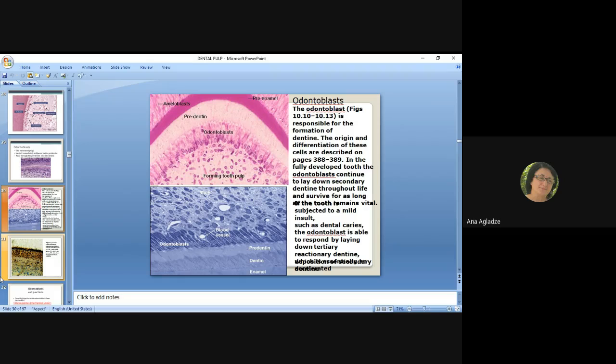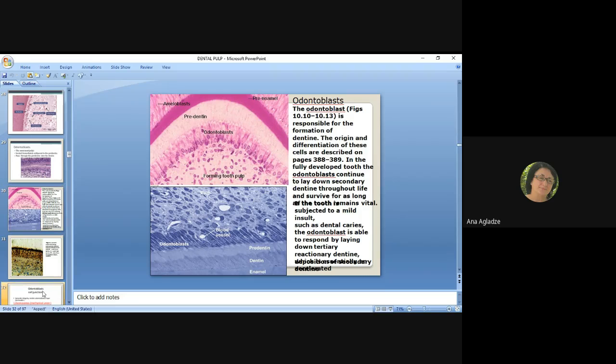But there are gap junctions, and they also have receptors for potassium. And these channels may have a role not only in mineralization but also in the transduction of mechanical displacement into electrical signals.